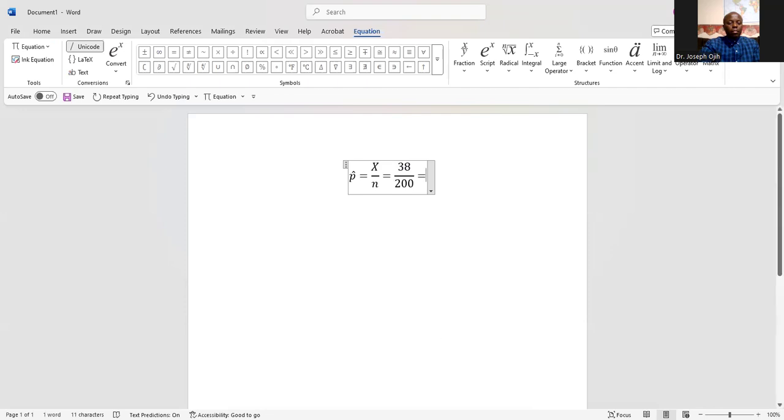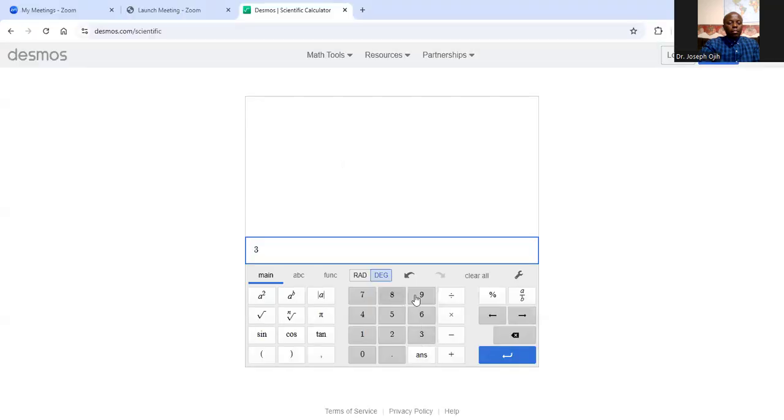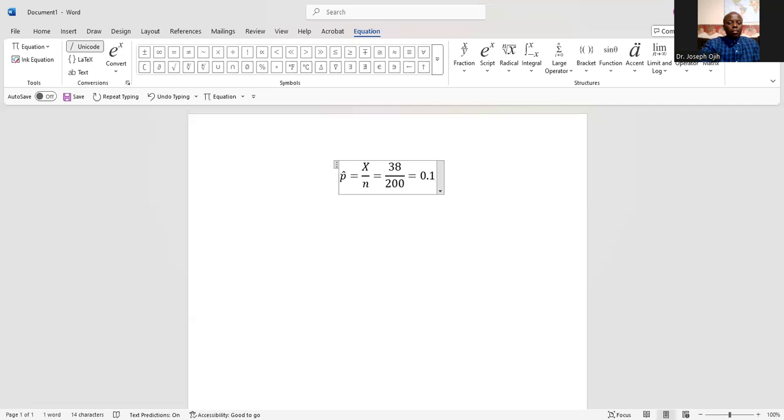38 divided by 200 is 0.19. So now I'm going to copy this and paste it in the other workbook.